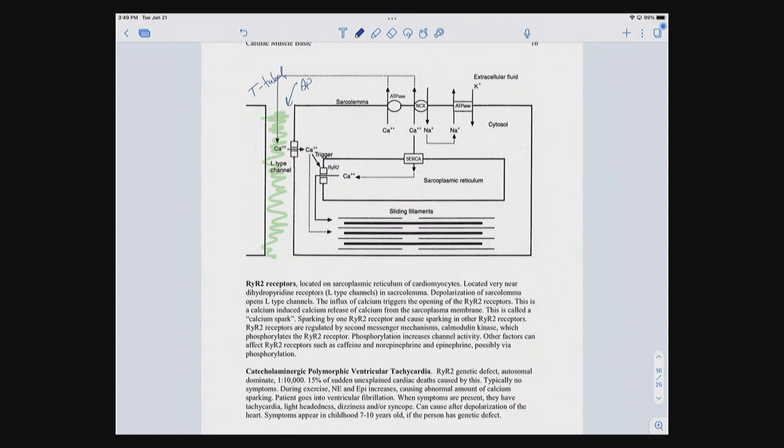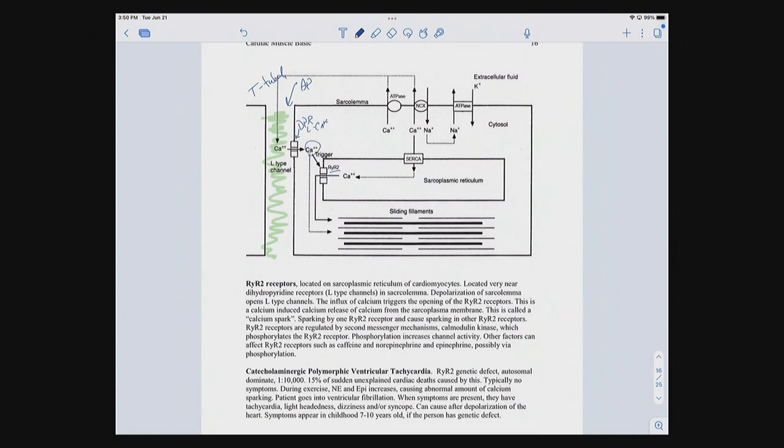And so it is going to be then opening up a L-type calcium channel. That's my dihydropyridine receptor. Right there, again, L calcium channel. It's going to open up, allowing calcium to flow in. And the main job of the calcium flowing in is to make contact or interact with the RYR2 receptor, my ryanodine receptor type 2. Again, skeletal's type 1, cardiac is type 2.